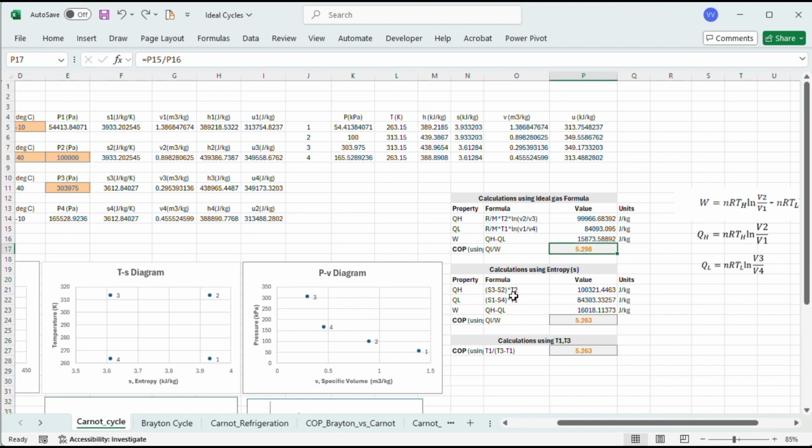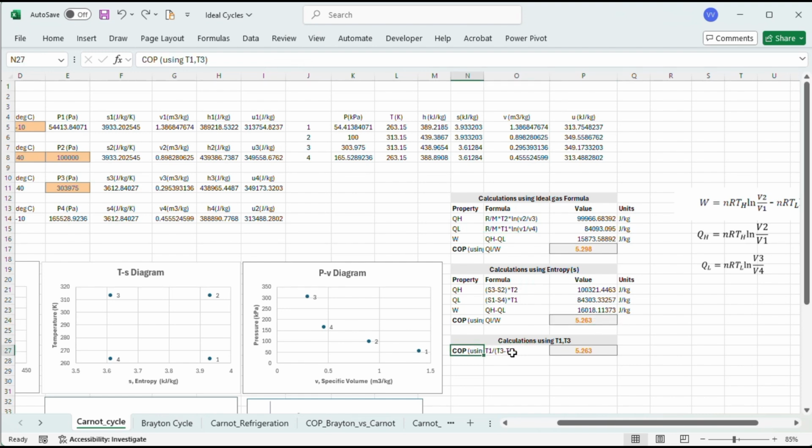The other option was assuming isentropic properties in CoolProp. We basically used entropy values calculated in CoolProp and calculated the QH using this formula, QL using this formula, and W using the same formula here. So you get an answer 5.263 here.